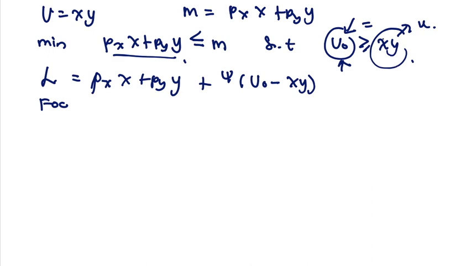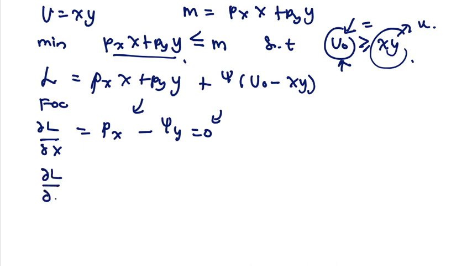Okay. So differentiate the Lagrangian function with respect to good x. You are going to get this: px minus cy equals 0. I hope you already understand the concept of zero and the concept of the partial derivative here. I won't explain it again. Now, differentiate L with respect to y as well.